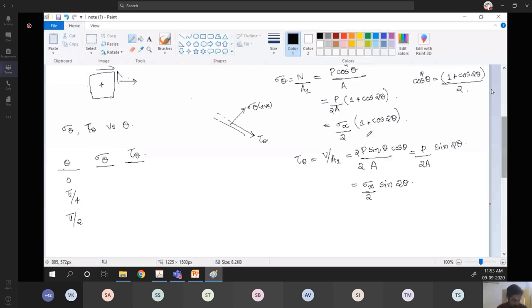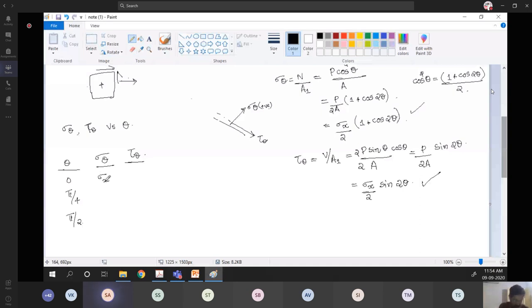0. Okay. What will be the value for tau theta? Sigma x. It will be sigma x, sir. At theta equal to 0, yes, it will be sigma x. And what will be the value for tau theta here? 0.